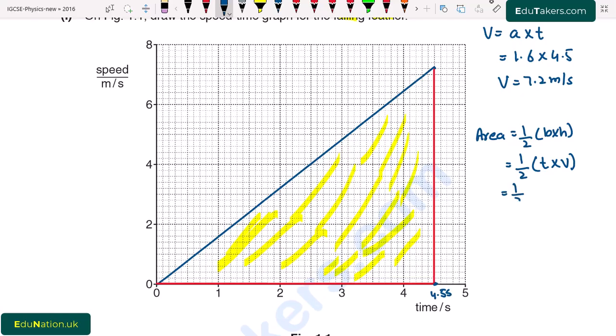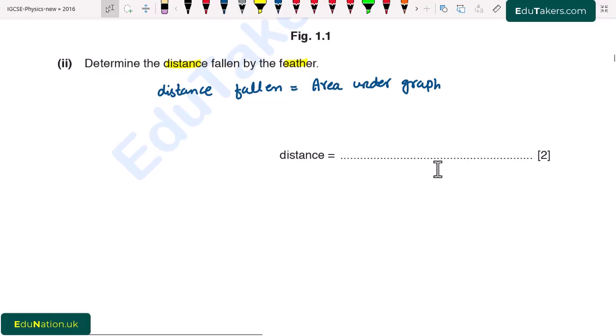So it will be 1 over 2, 4.5 multiplied by speed, which at this point is 7.2. So area will be equal to half times 4.5 multiplied by 7.2, which comes to be 16.2 meters. So the distance will be equal to 16.2 meter.